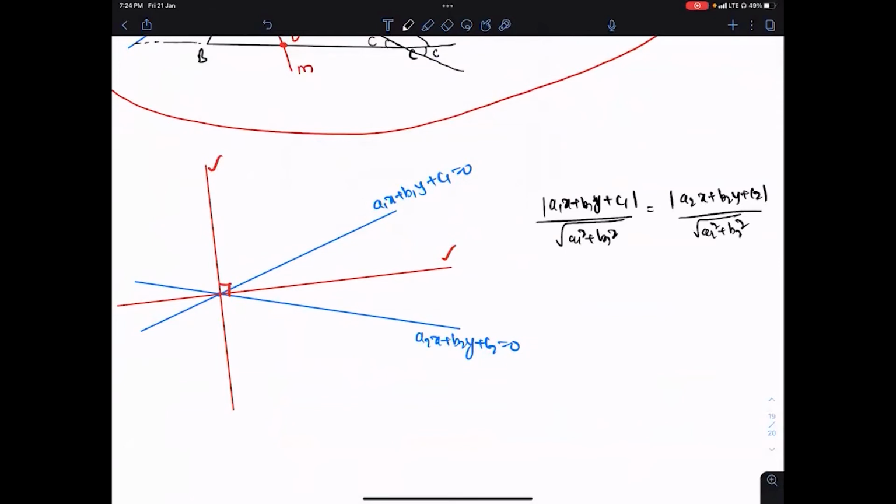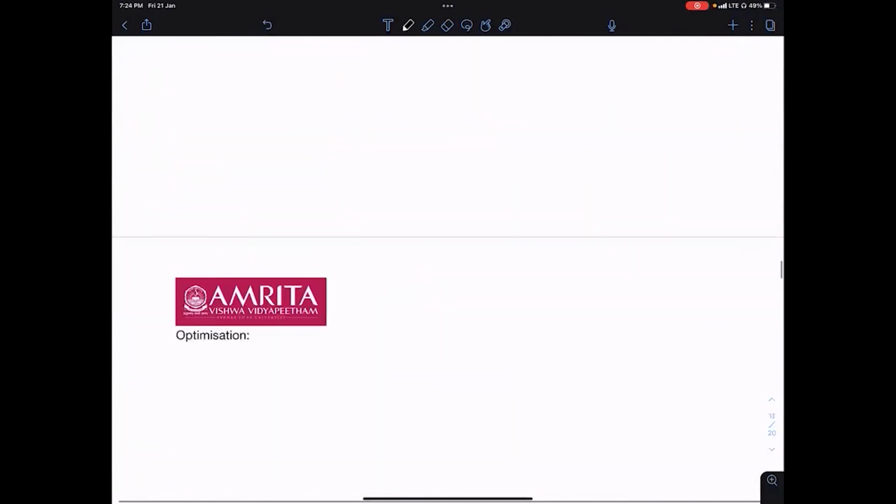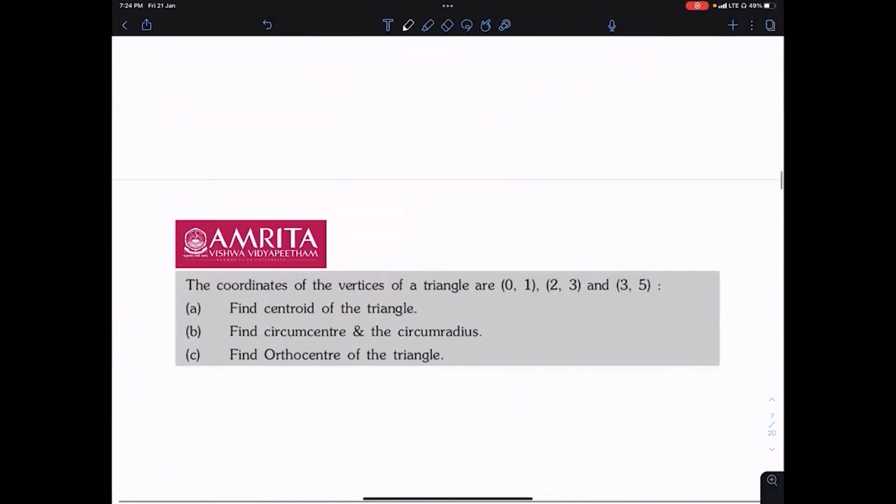If you do that, you will get two lines: one line will be one bisector, another line will be the other bisector. How are we getting two lines when only one equation is there? Modulus: once you open with plus, once you open with minus. Let us do that in this question, and then you'll understand it.